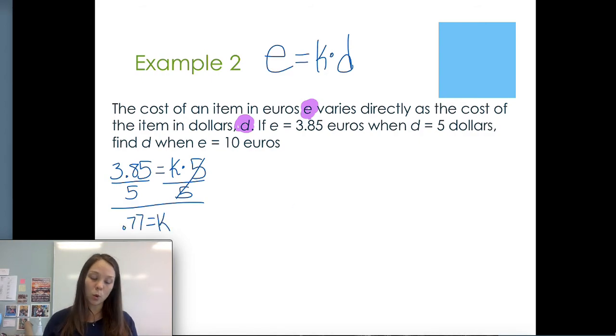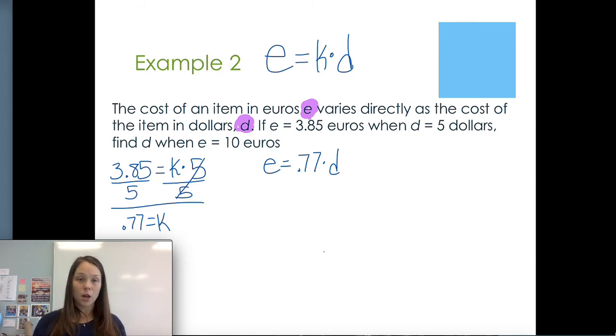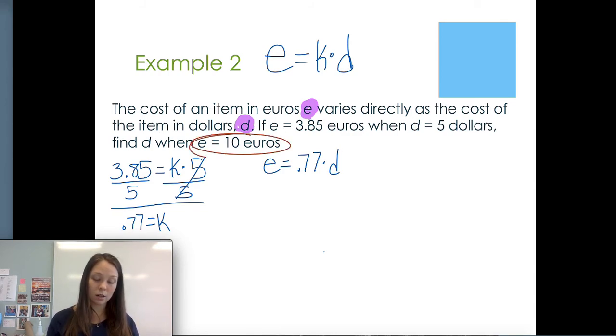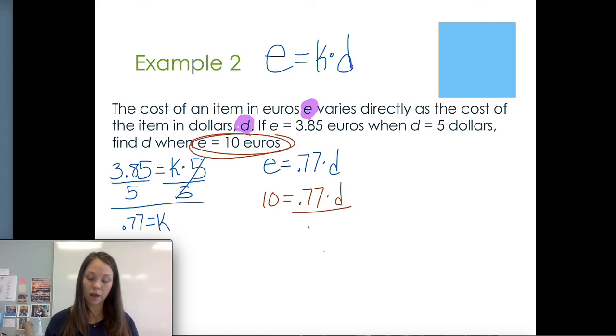So my equation is euros equals 0.77 times the dollars. I want to figure out the dollar amount when the euro amount is 10. So I take this number 10, plug it in for E, and solve for my dollar amount by dividing by 0.77.